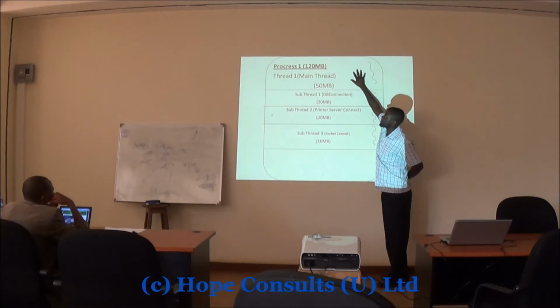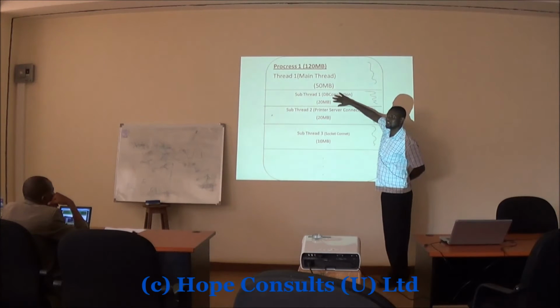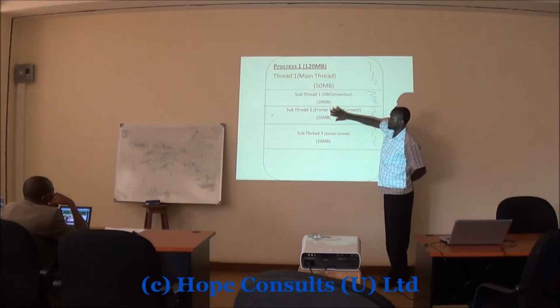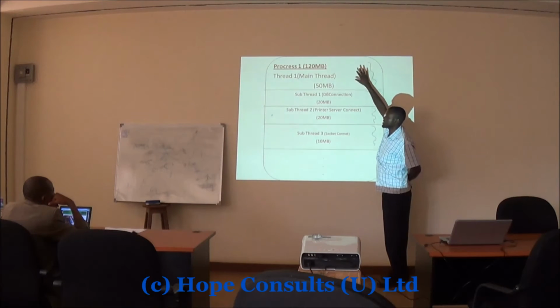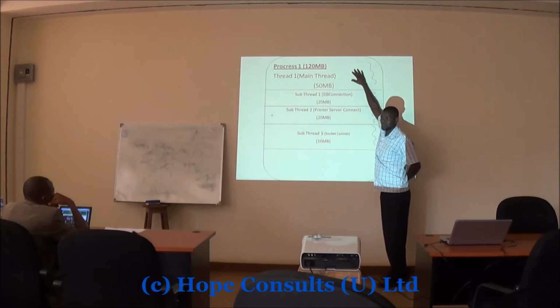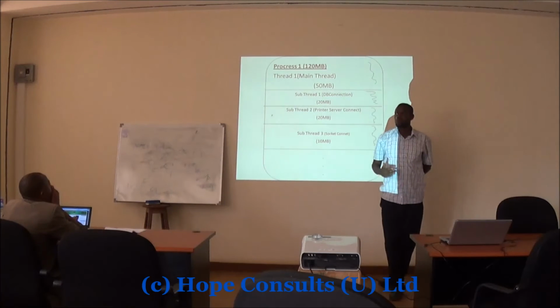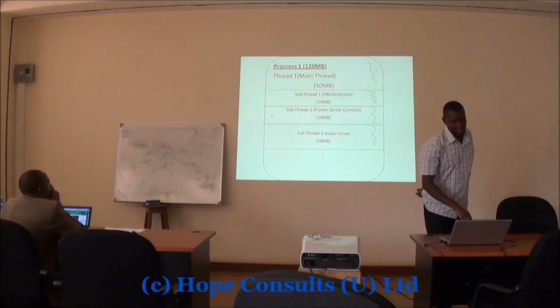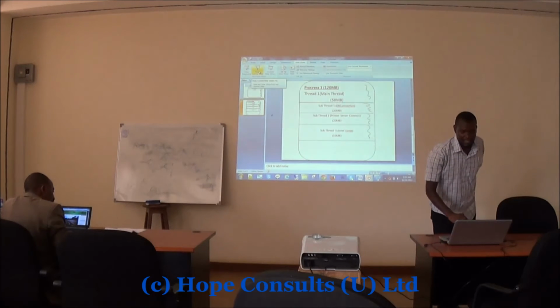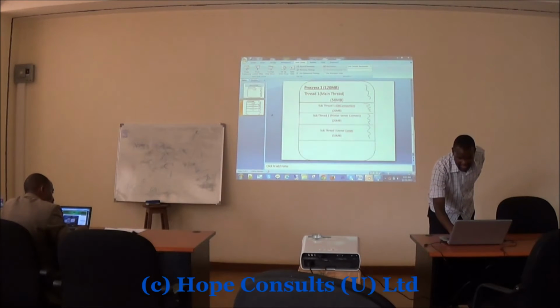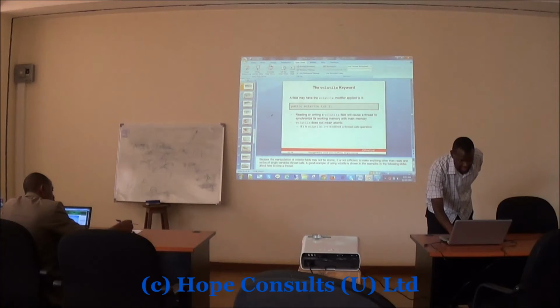This is the shared area where the main thread is. We are only worried about what is there in the global area of the process: the variables, the fields that will be accessed concurrently. That is our worry.